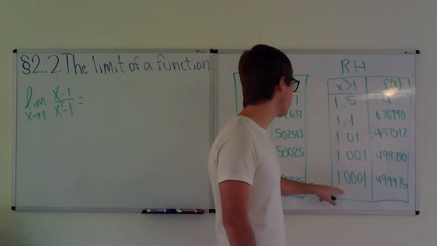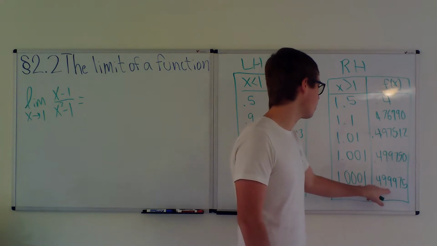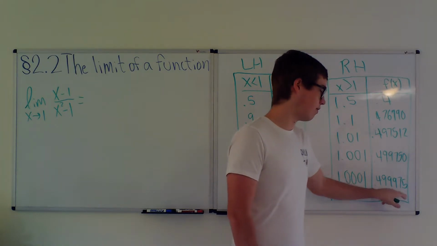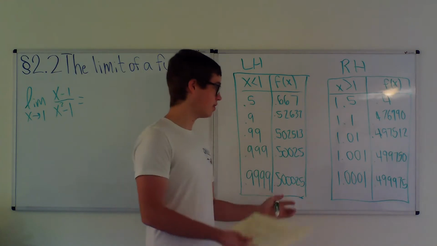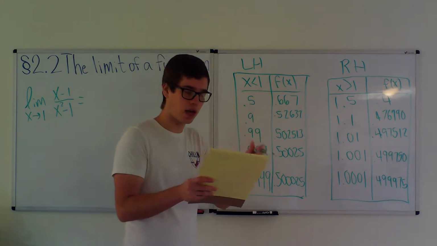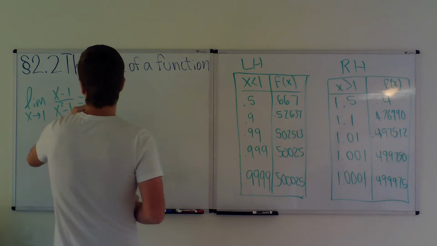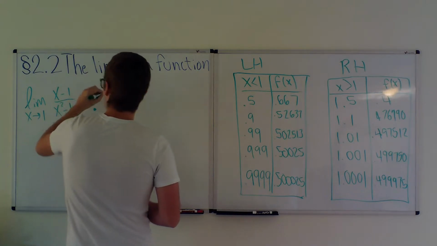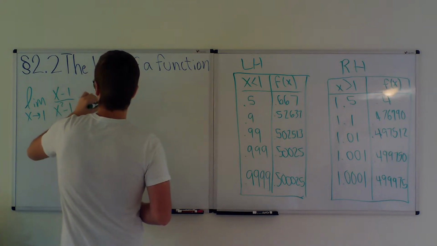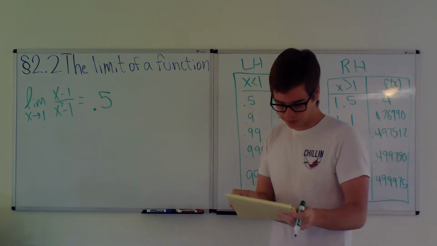And then 1.0001 is equal to 0.49975. Alright, so we can see, since both limits approach the same number from each side, that means that the limit as x approaches 1 of x minus 1 over x squared minus 1 is equal to 0.5.